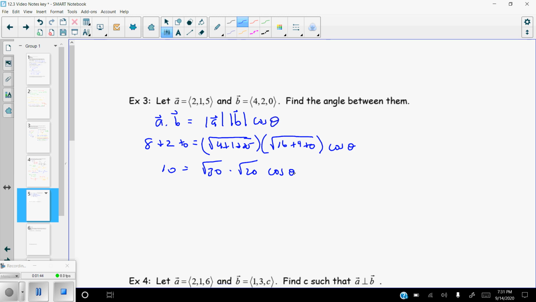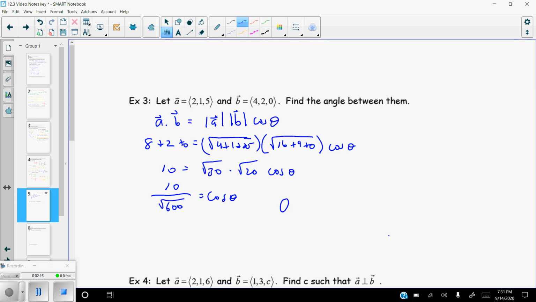So cosine of theta is equal to 10 divided by the two square roots multiplied together. You can multiply what's underneath the square roots, and we would get the square root of 600. That actually simplifies, but in this case it's not really necessary, because what we want is the angle, and unlike in calculus AB/BC, we're going to put this in degrees. So make sure your calculator is in degree mode.